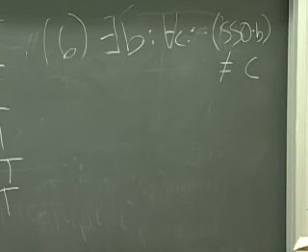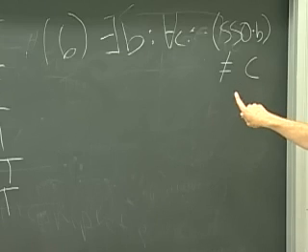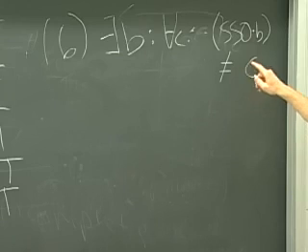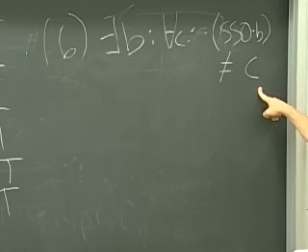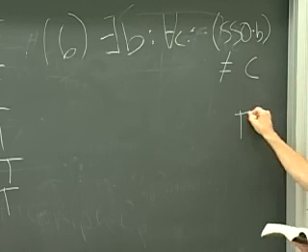It's true. Okay. Think about this. So there exists a B such that for all C, so regardless of what you put in here. No. Okay, so then it's false, right?